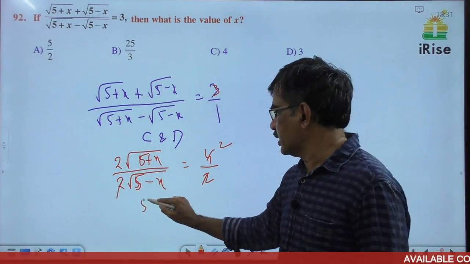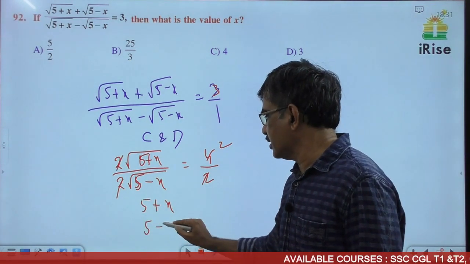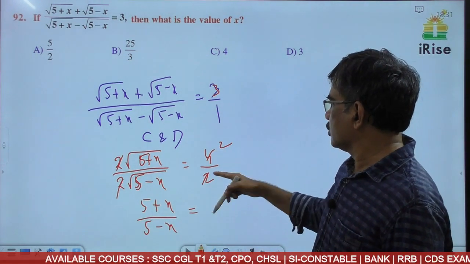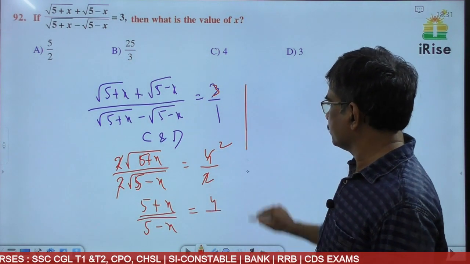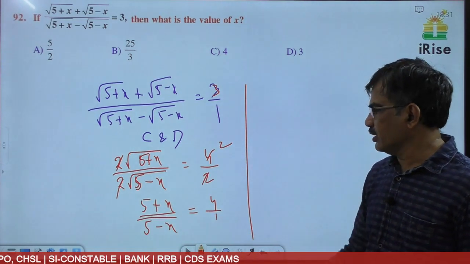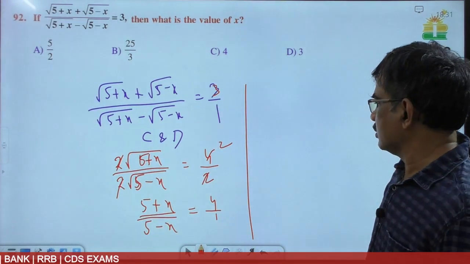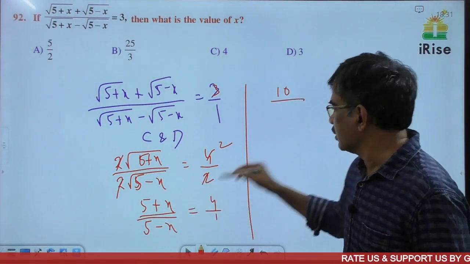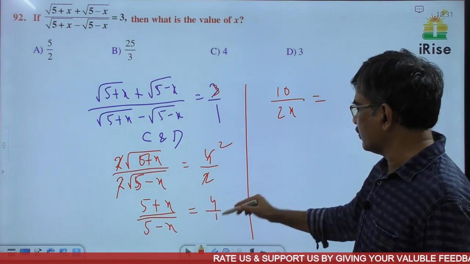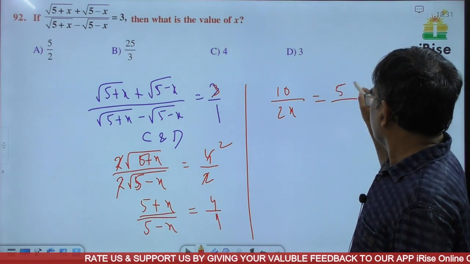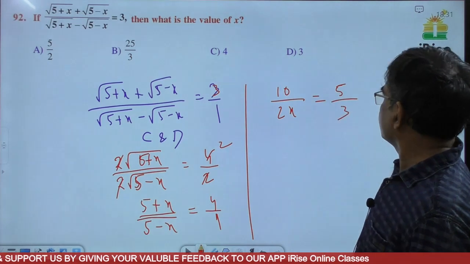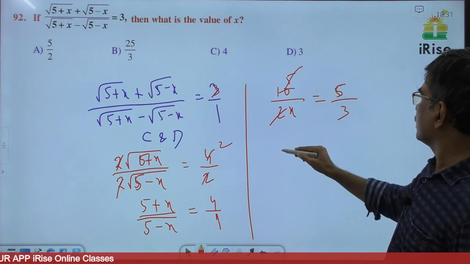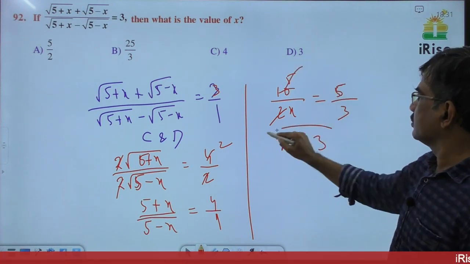Again squaring on both sides, 5 plus x by 5 minus x is equal to, okay, squaring, this gives 4 by 1. Then again apply componendo and dividendo. The sum of these two is 10 by the difference of these two is 2x, is equal to the sum of these two is 5, okay, by the difference of these two is 3. 2 1s, 2 5s cancel, 5 5s cancel, so therefore x is equal to 3.